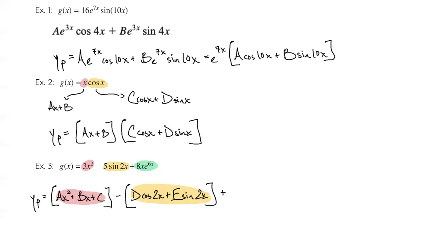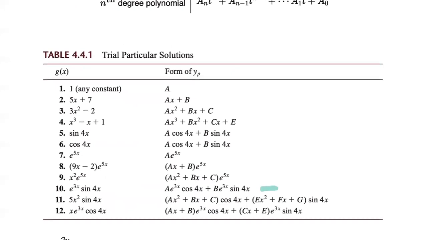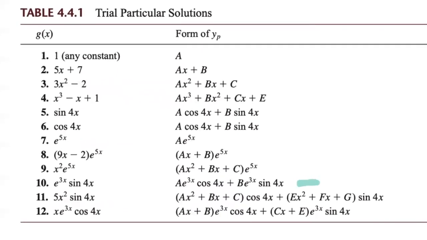Okay. All right. So for this last one, x e to the 6x, let's go back up to our table. Let's see if we have any that are kind of like that. I bet we could grab this one right here, right? Because even though this is 9x minus 2, a linear function, and so is x, we could say ax plus b times e to the whatever power we have.